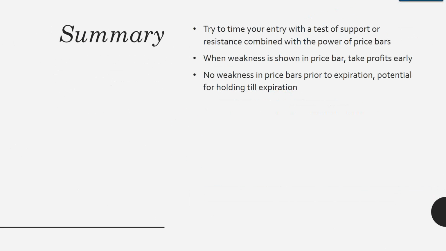But again, it depends on how much time you have until expiration. If there's no weakness here, and I've got 5 minutes left or 10 minutes left or whatever my price bar is, then typically I'm going to hold. But if you've got 45 minutes, you might want to consider exiting early, okay?